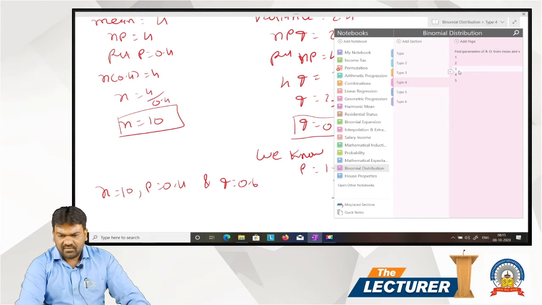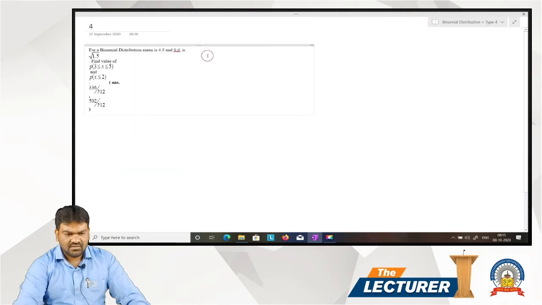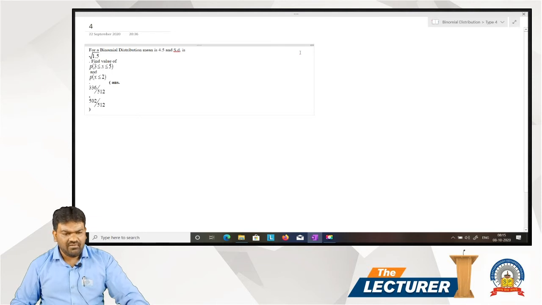Next, example number 4. For a binomial distribution, mean is equal to 4.5, standard deviation is equal to under root 1.5, find value of P of 3 lesser than or equal to x lesser than or equal to 5, P of x lesser than or equal to 2.